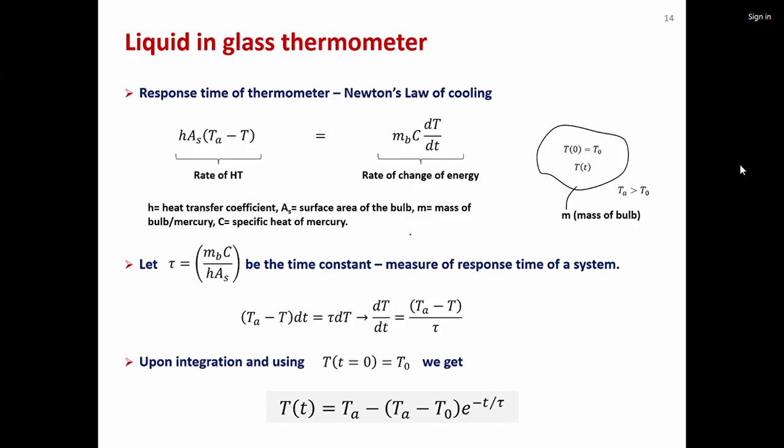So here you can see h is the heat transfer coefficient, S is the surface area of the bulb, m is the mass of the bulb, and c the specific heat.